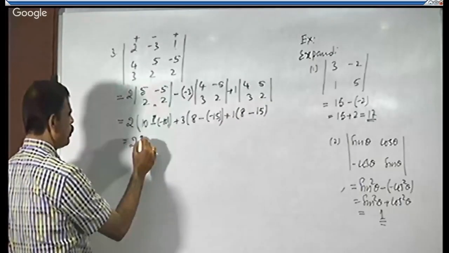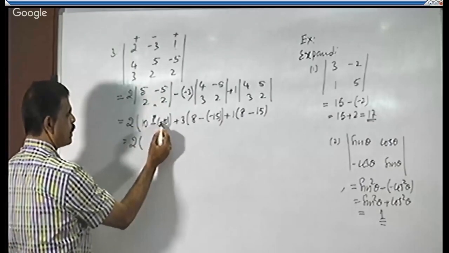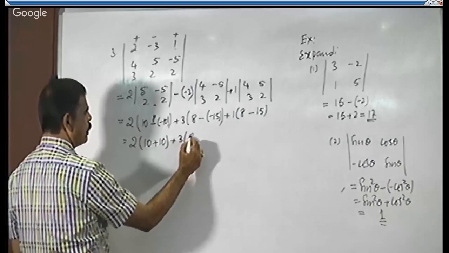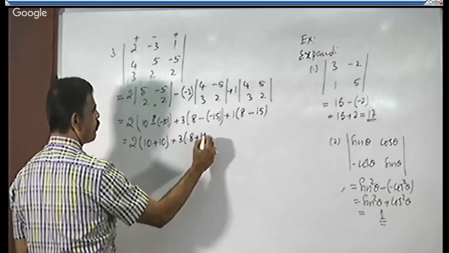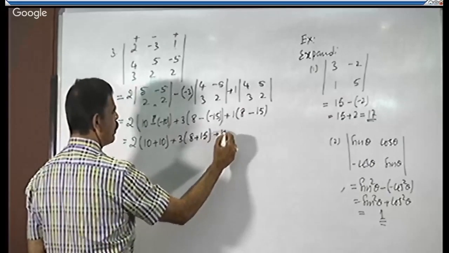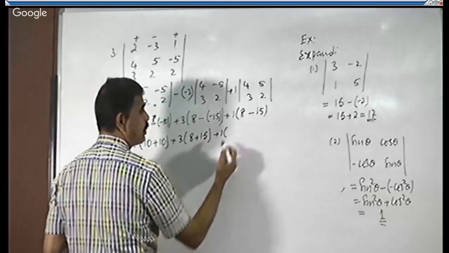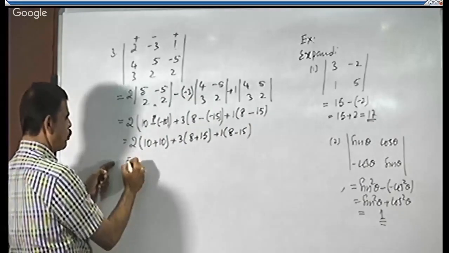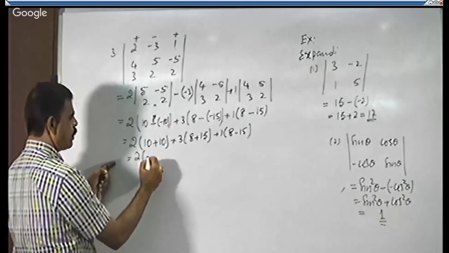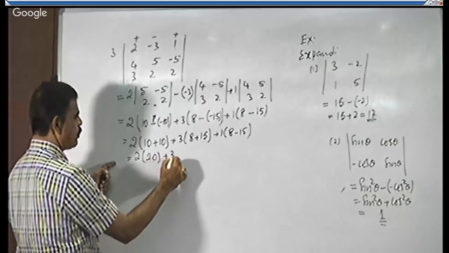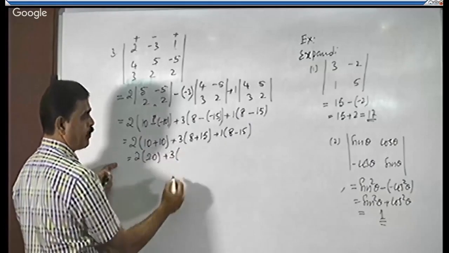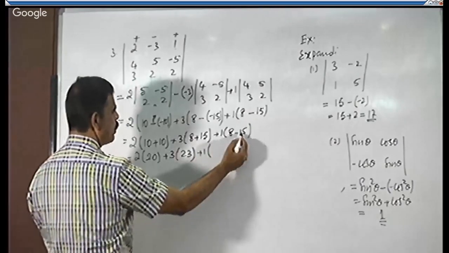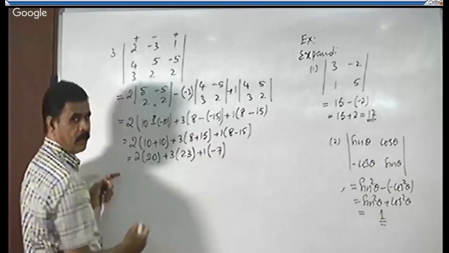Now, this is 2 into minus into minus plus 10 plus 10, plus 3 into 8 minus into minus plus 15, plus 1 into... you write as it is or take the subtraction. 8 minus 15, I will write it in the next step. 2 into 10 plus 10, it is 20, plus 3 into 10 plus 15, it is 23, plus 1 into 8 minus 15, it is minus 7.